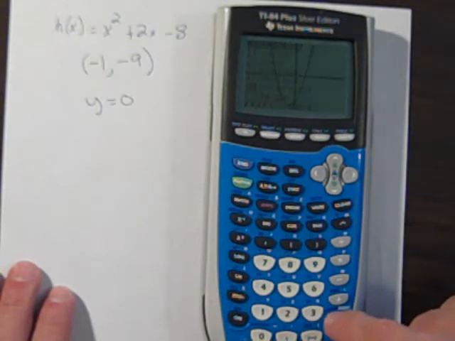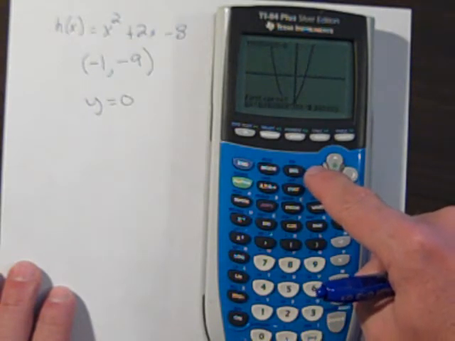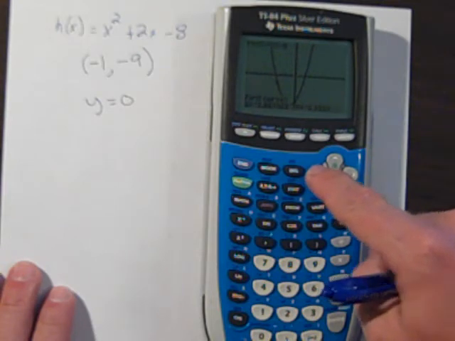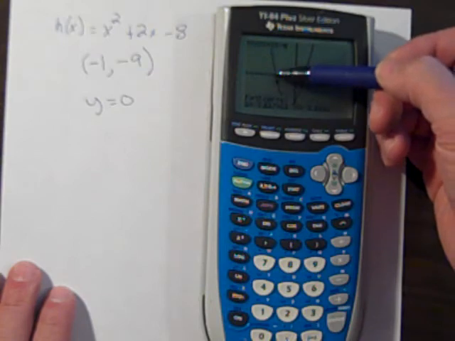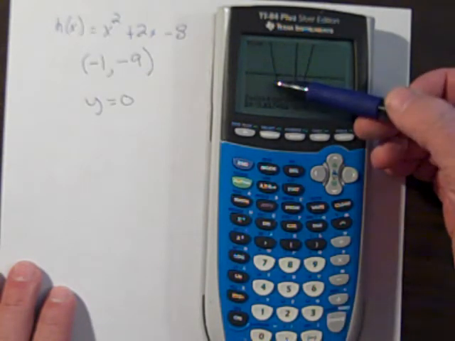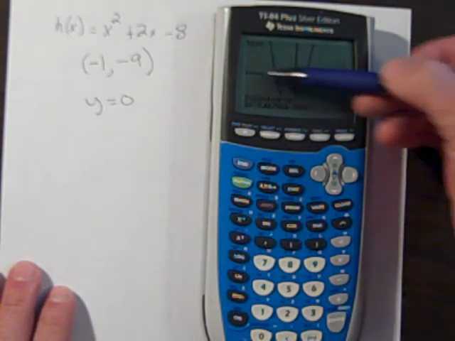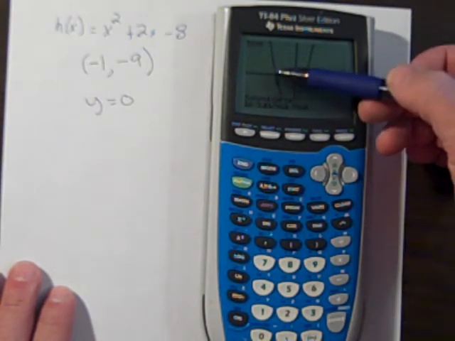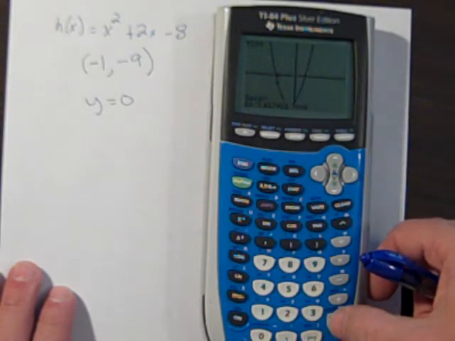I'll hit enter. Okay, now it says the first curve, and so what I like to try to do on this one, you want to get close. I know my intersection is going to be right here, so I want to make sure that this point that's blinking is pretty close to it. That's close enough. I'll hit that one, and then it automatically jumps to the other equation that we have entered in here, which is on this x-axis, y equals 0. And notice how that one's blinking almost right next to the intersection, so I like that. So I'm going to hit enter, and then it says, would you like to guess?